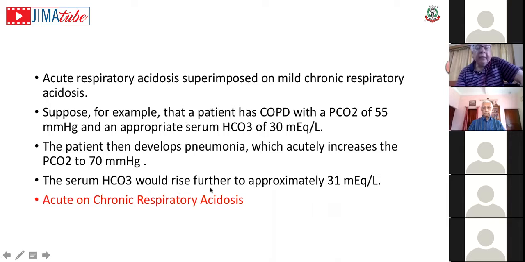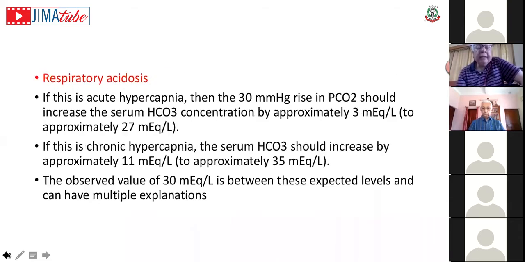The serum bicarb would increase by say 1 to 2 milliequivalent per liter. So this would be a slight acute on chronic respiratory acidosis. This is the way you should look into these kinds of blood gas.